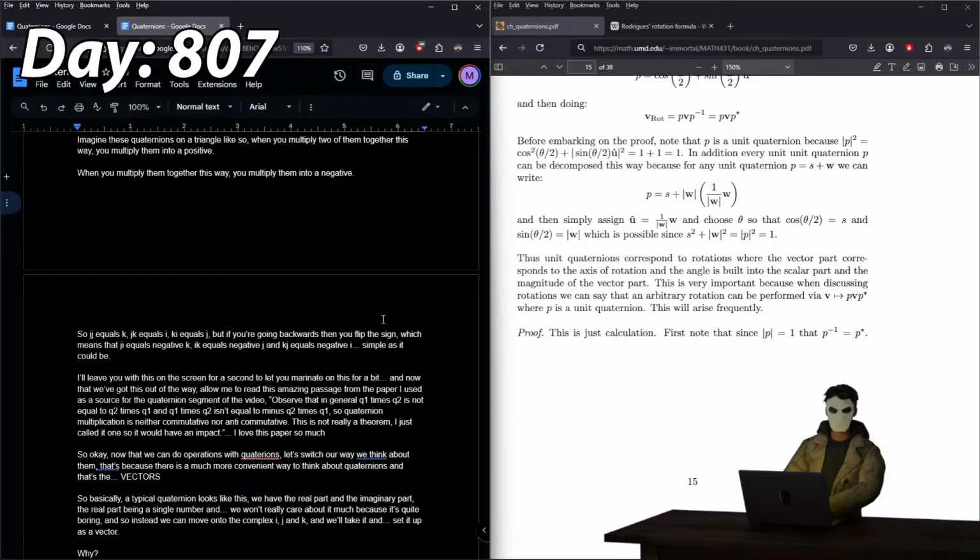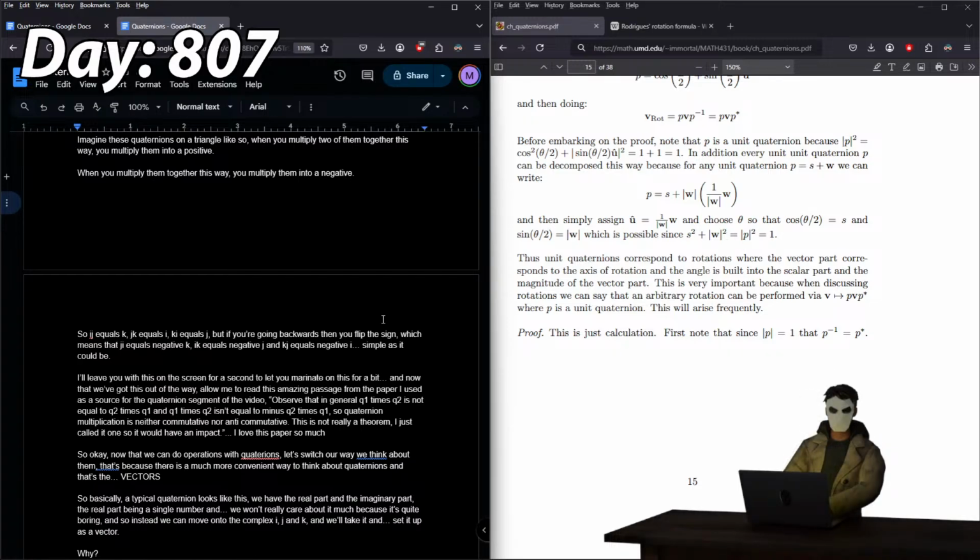When you multiply two of them together this way, you multiply them into a positive. When you multiply them together this way, you multiply them into a negative. So ij equals k, jk equals i, ki equals j, but if you're going backwards, then you flip the sign, which means that ji equals -k, ik equals -j, and kj equals -i. Simple as it could be.